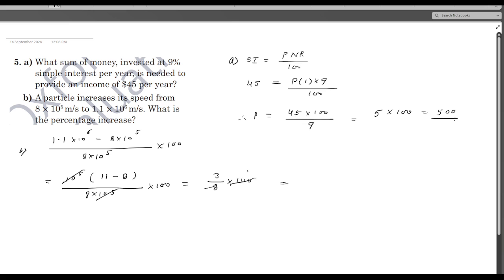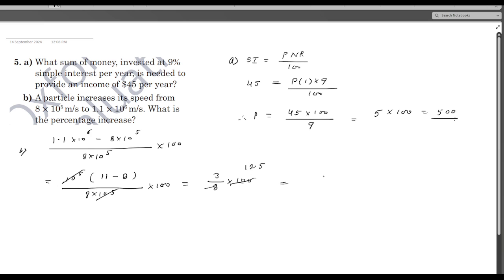So with 8, if I divide 100 by 8, 8 times 1 is 8, then 20. I'm making some mistake. 8 2s are 16, so here it is 12.5, not 11.5.